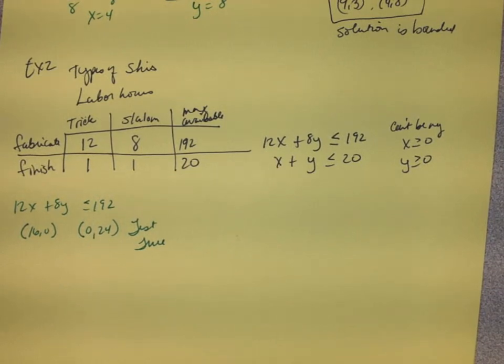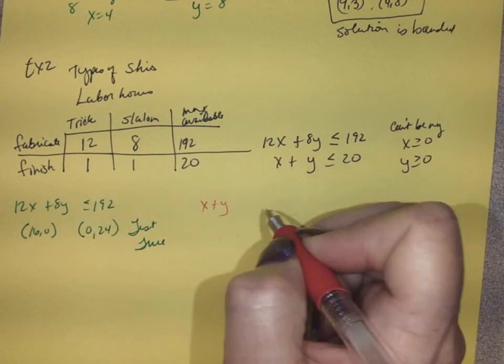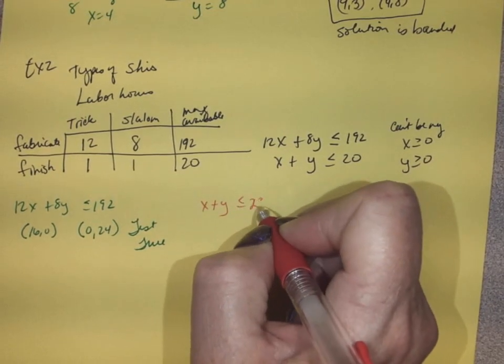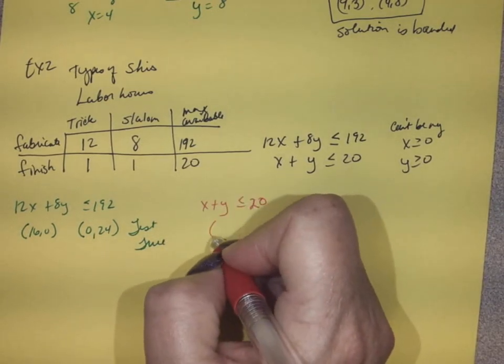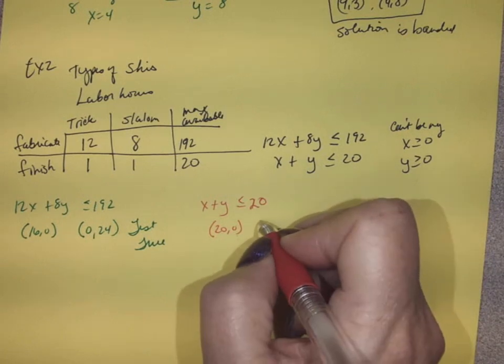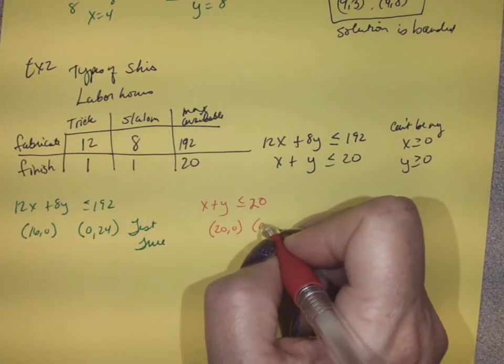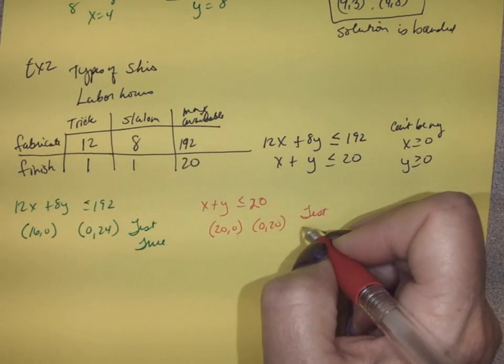All right, for our second equation, x plus y less than or equal to 20, our x-intercept will be 20, 0. Our y-intercept will be 0, 20, and the test point is true again.